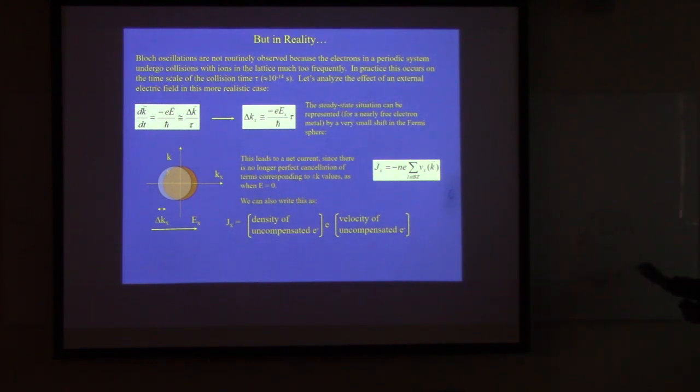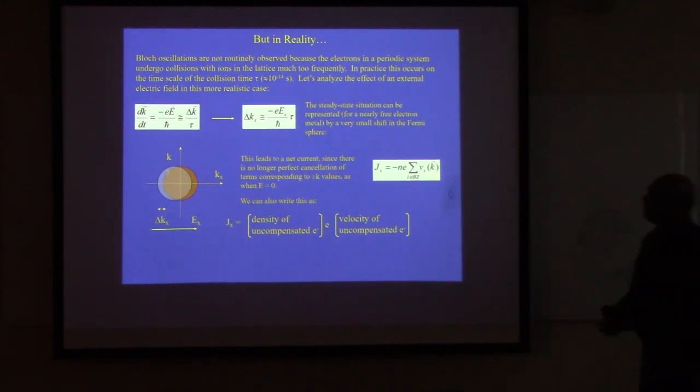You need to know the number of electrons in this one region, right? Only from that, and then we need to know the velocity. We call these uncompensated electrons because the rest are compensated, right? Everything is plus and minus. So we need the number of electrons in the uncompensated region and the total velocity, the sum of the velocities in that uncompensated region.